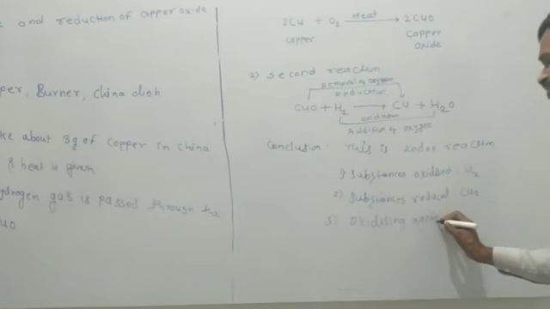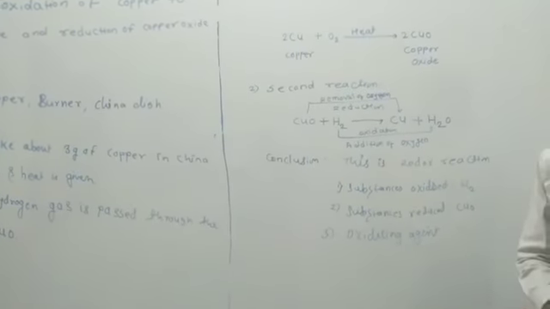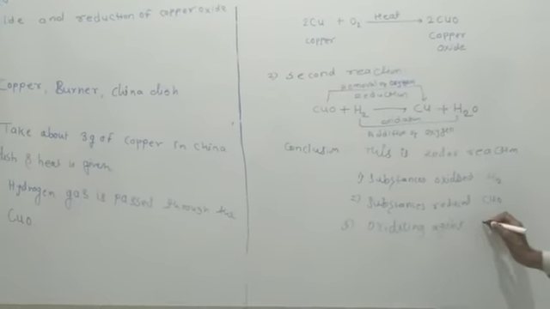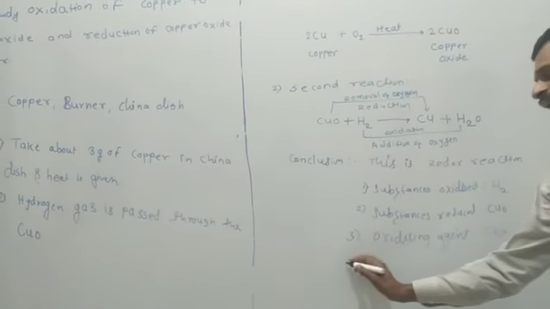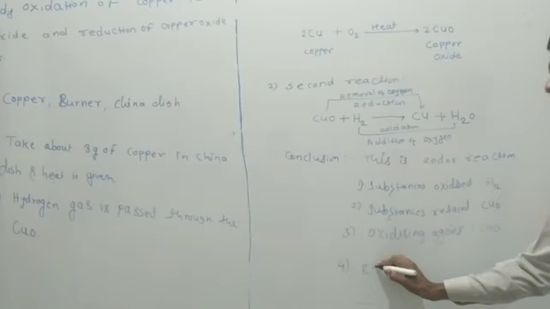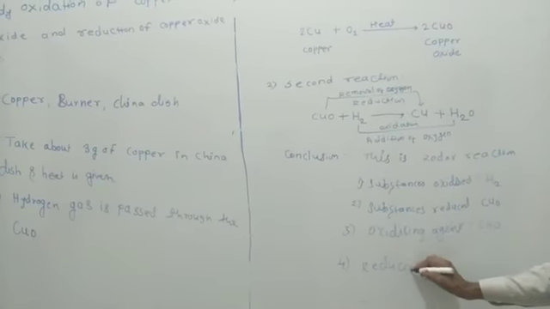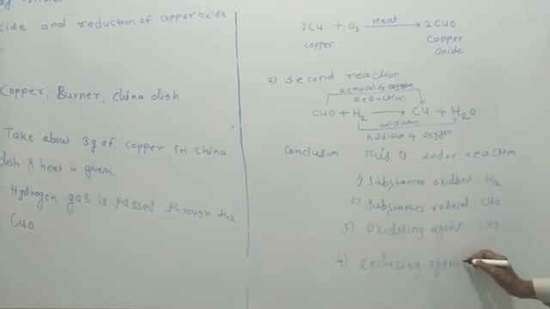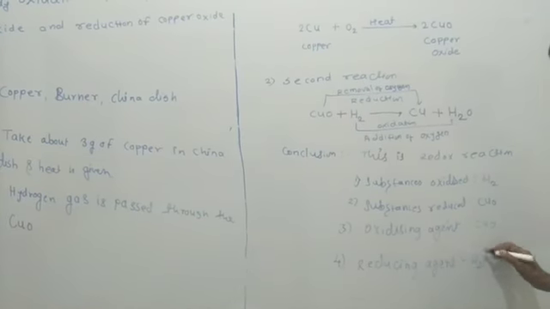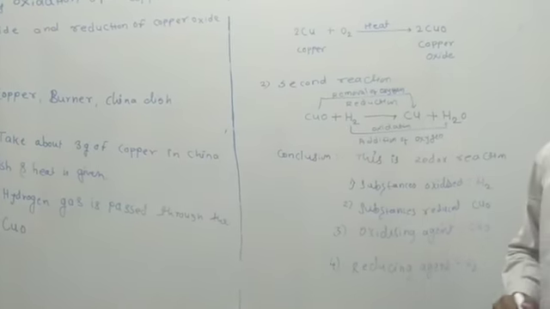Which is the oxidizing agent? CuO is the oxidizing agent because it helps the oxidation reaction. And in this reaction, the reducing agent is H2.